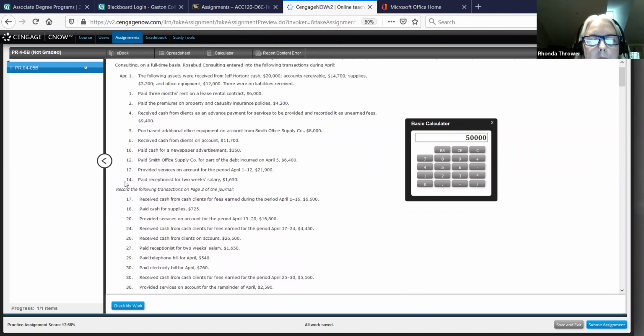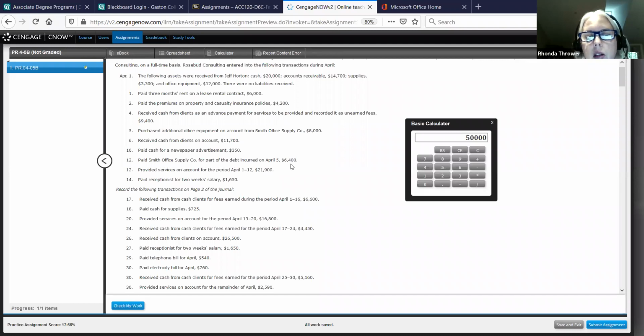Okay. So on the next transaction on the 12th, we paid Smith Office Supply Company for part of the debt that we incurred on April the 5th. You remember we went into debt when we bought some office equipment here, so we're paying off part of that. And when we pay off part of a debt, our accounts payable is going to be reduced, or our debt is going to go down.